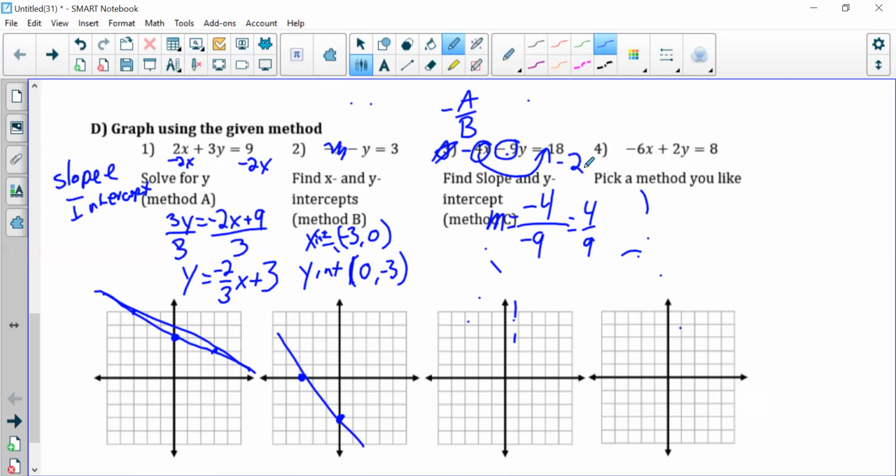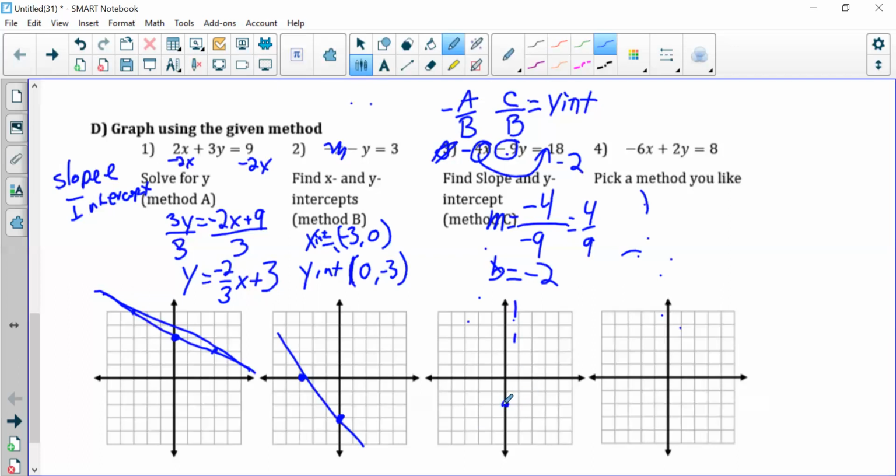So remember our formula that we've just thought about for finding the y-intercept from standard form is c over b, and this equals our y-intercept. So c divided by b, so 18 divided by negative 9 is, sorry, negative 2. All right, so our y-intercept is negative 2.